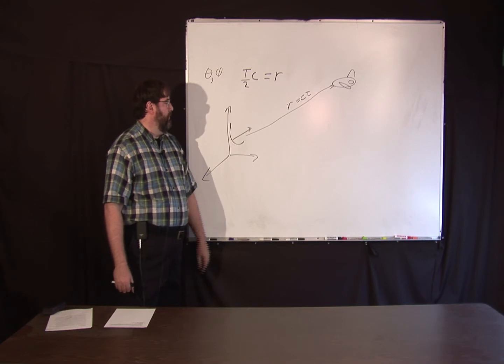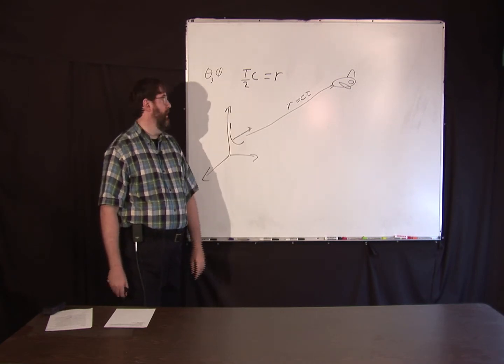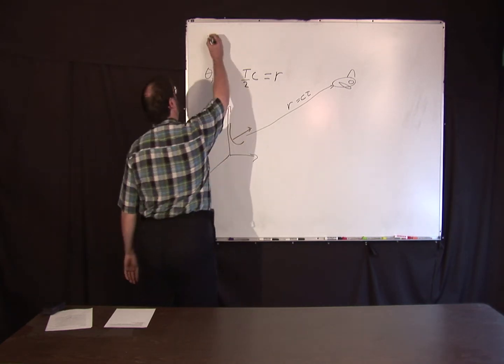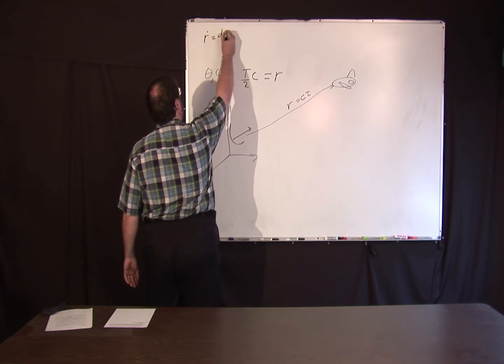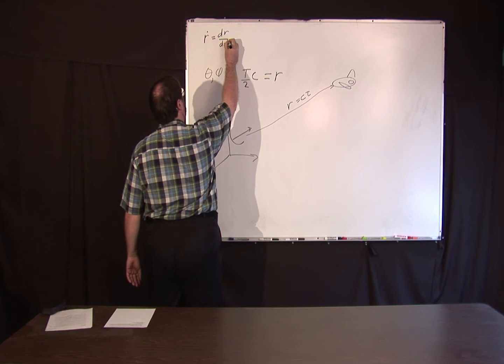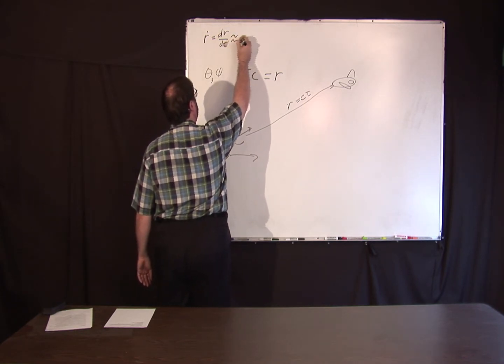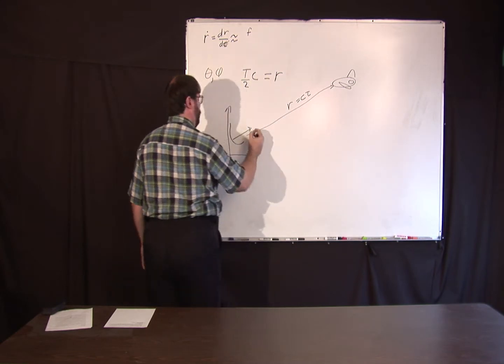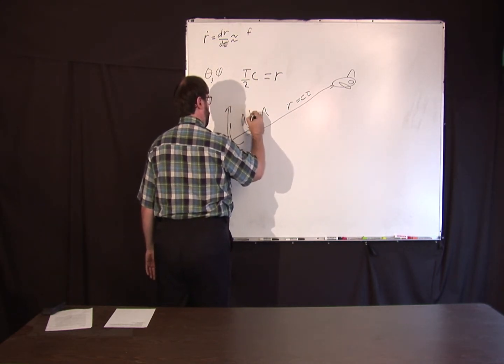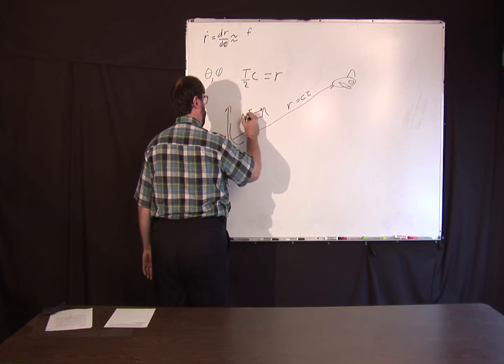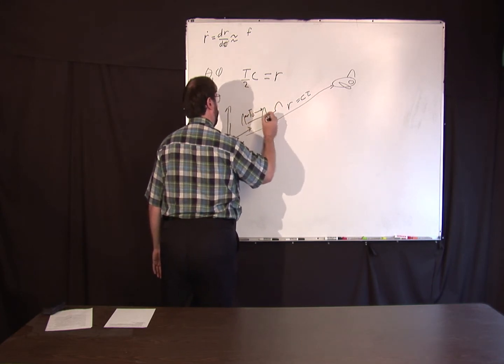So from this, we can also come up with the velocity. We can come up with the radial velocity, r dot, or dr/dt, which is approximately equal to Δr/Δt. Let's say this thing is putting out pulses with a period of t0, and it's putting out a bunch of them.